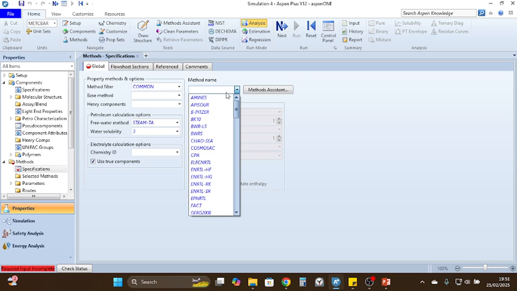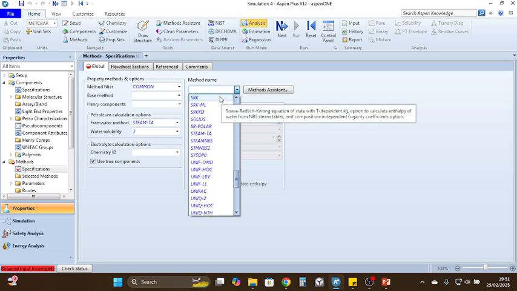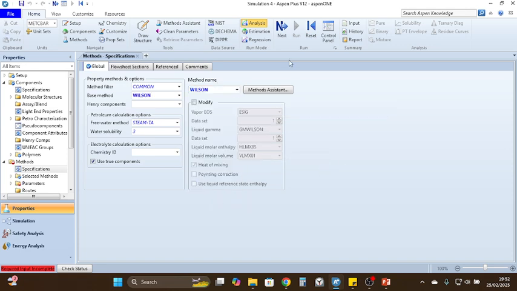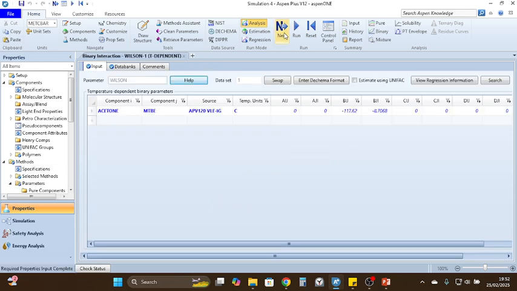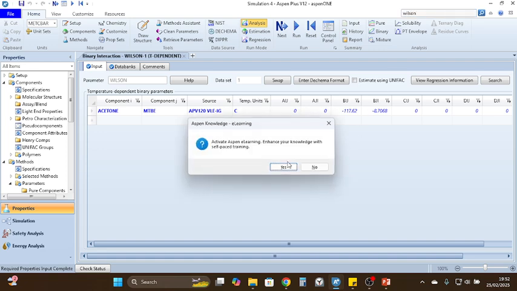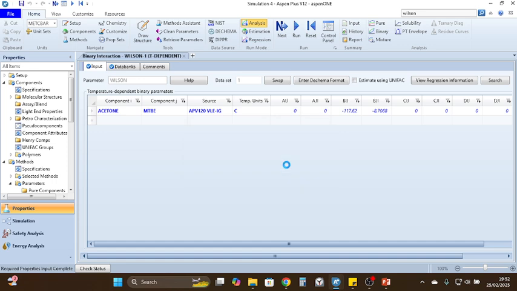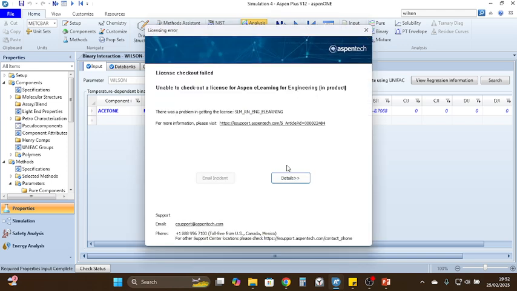Next, we are going to select the Wilson property method and click on next. Now, usually in a particular thermodynamic property method, if you go to Wilson and search over here, okay.